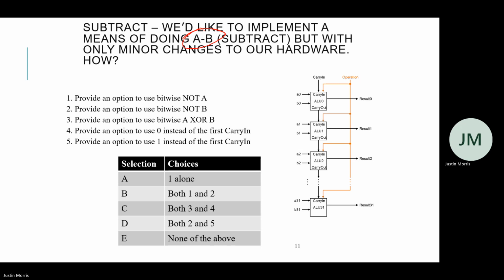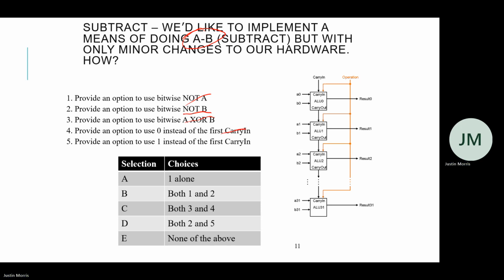So option one, we don't like it because it's inverting A. Option two, we like it because it is inverting B. That's the one that we need to convert the sign of. And then this XOR is not helping us. If we provide an option to use 0 instead of the first carry in, that does not add 1, that adds 0.